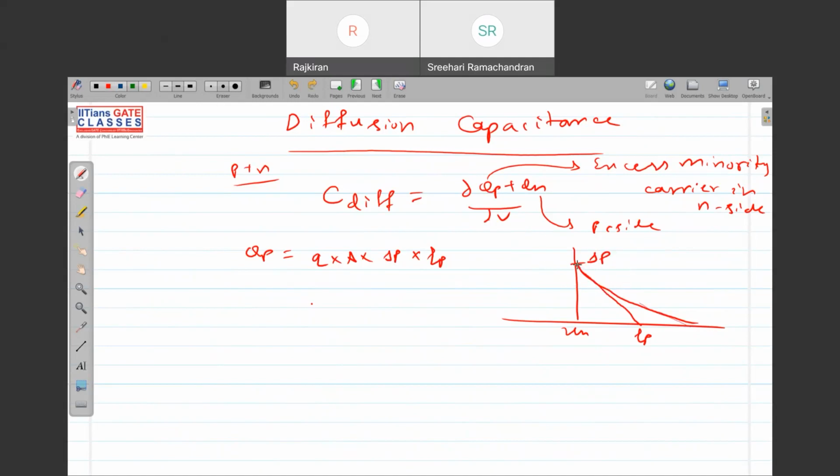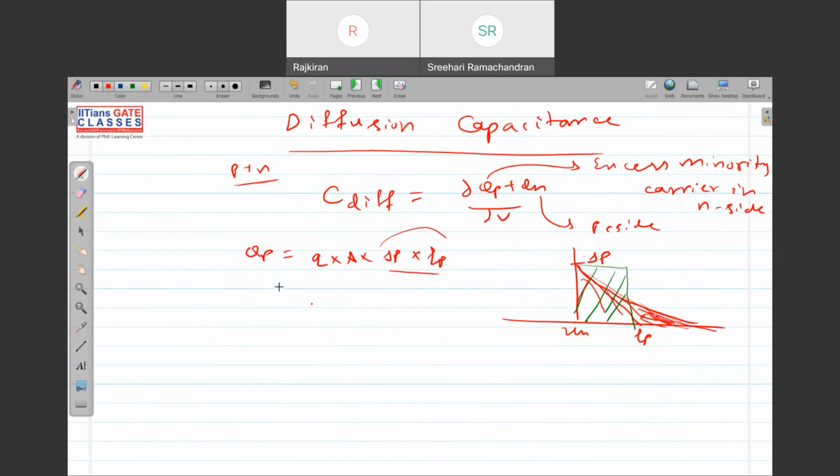Del P into LP is approximately the area under this exponential curve. Otherwise, you can take the exponential curve and do the integration; it will come approximately del P into LP.